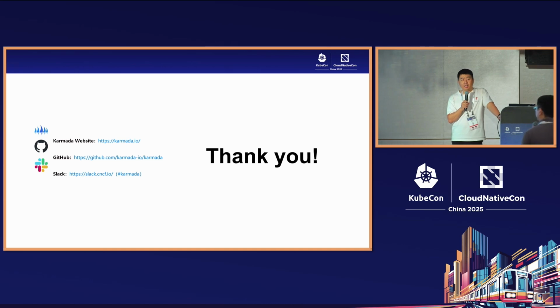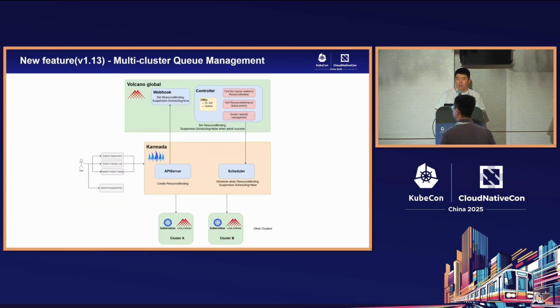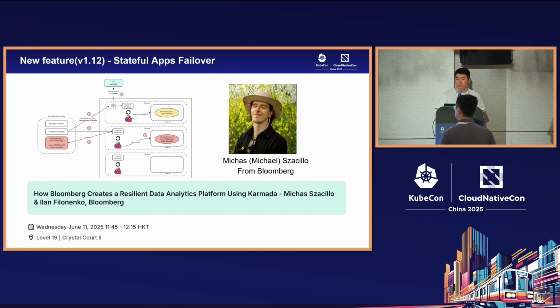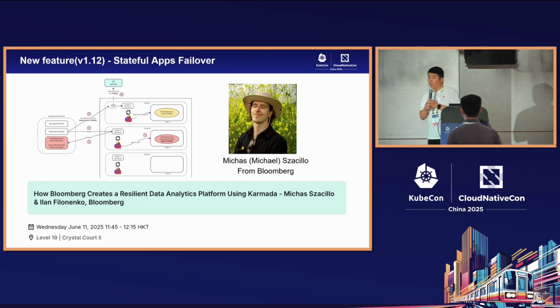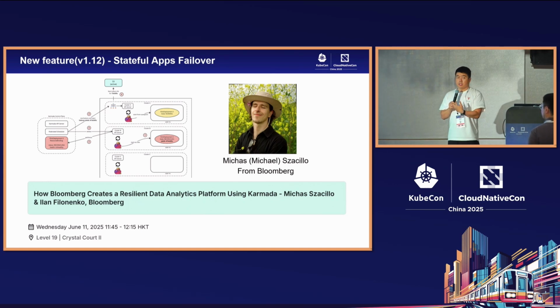Well, you mentioned that there's a stateful application failover. Is it a zero downtime failover for stateful applications? I think that depends on whether you need zero downtime failover. In my understanding, a Flink application cannot run two Flink instances at the same time.